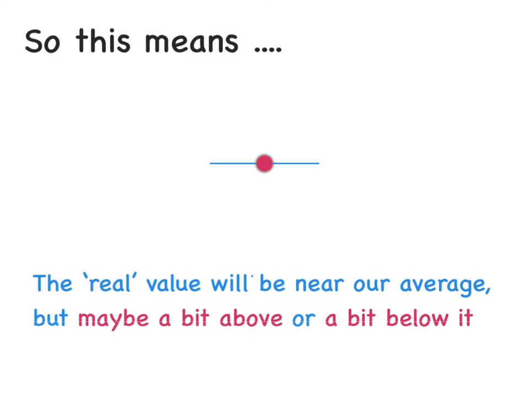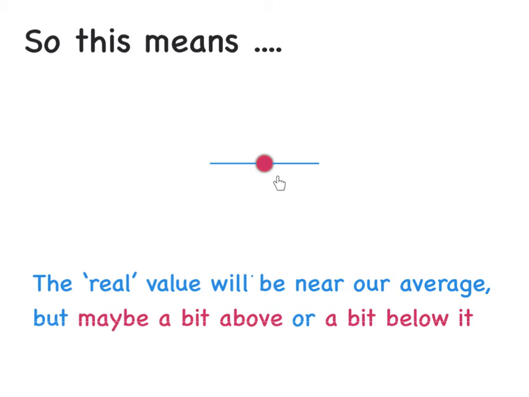So what we're saying is this is the average here, this value with the red dot. Then the real value is going to be a little bit below or a little bit above. We know it's in there somewhere, but we're not actually sure, or certain would probably be a better word, of where in that range it is. Okay, so we're saying it could be there or there.